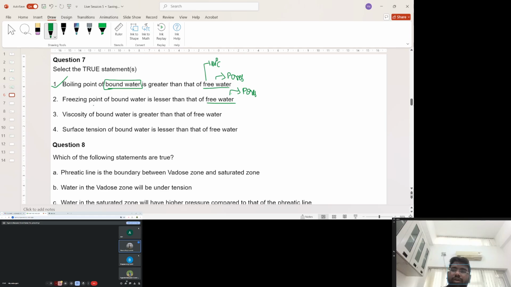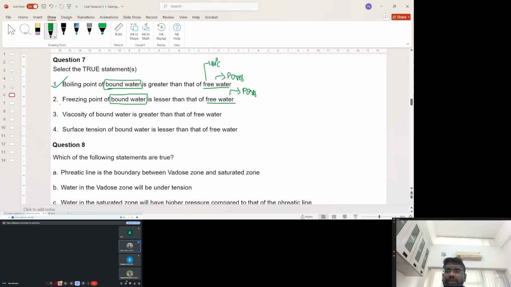And as far as the freezing point is concerned, free water freezes at 0 degrees centigrade, and for bound water, since these attractions are present, you need to remove extra energy. That results in a further dip in freezing point.